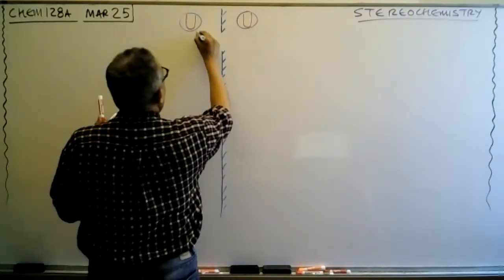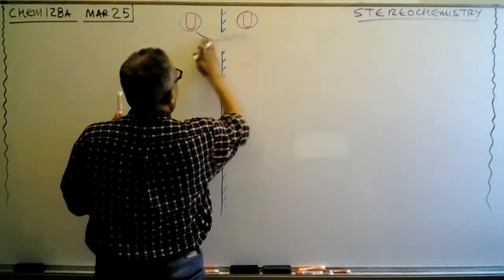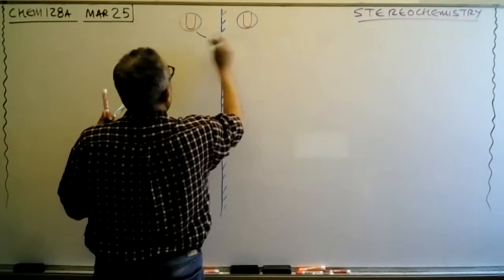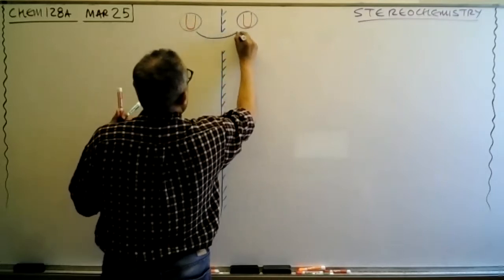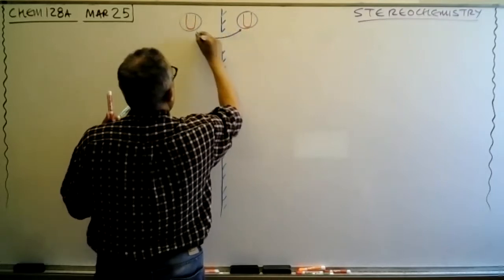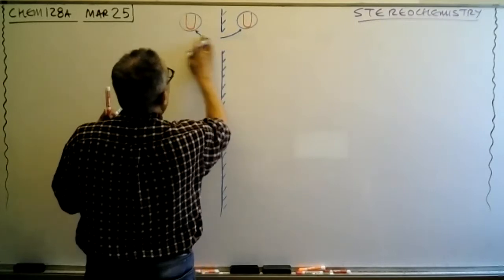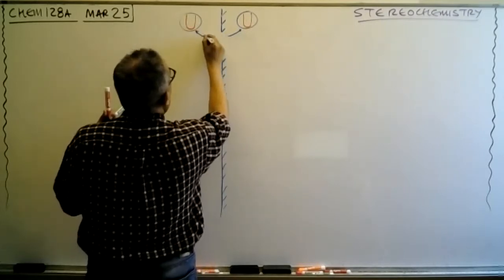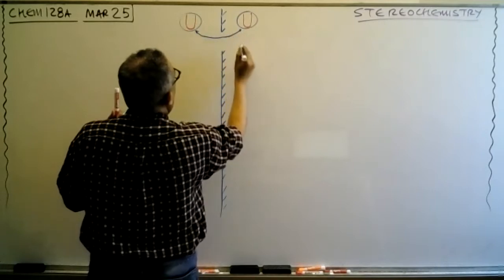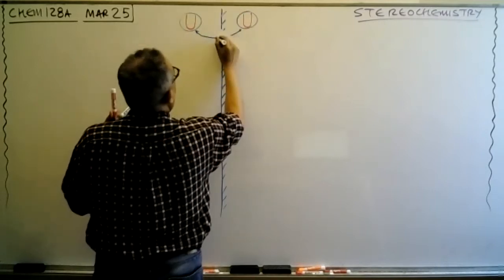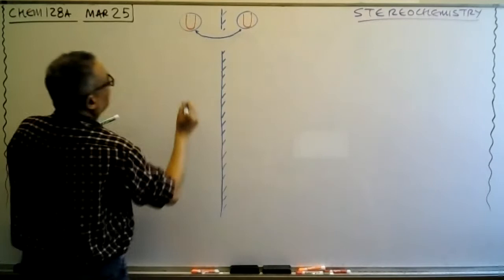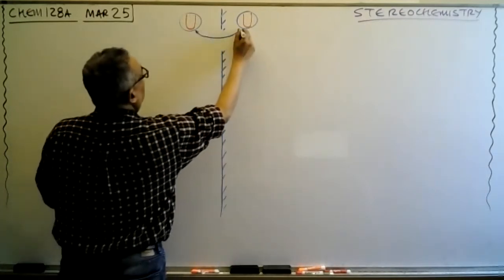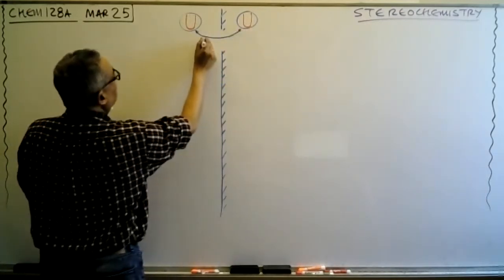So let's try to make it a little funny. Like a double arrow, but I'm definitely not doing a really good job in drawing this. Yeah, so they are superimposable.